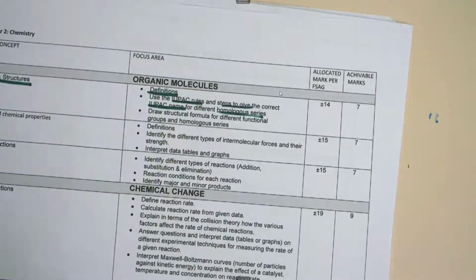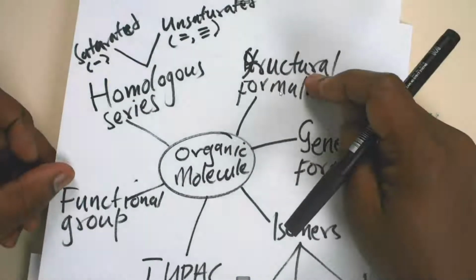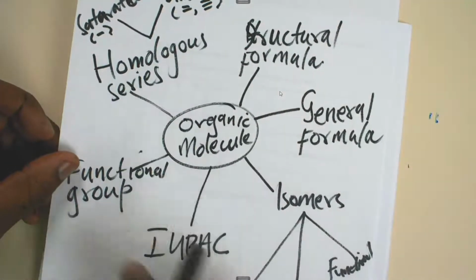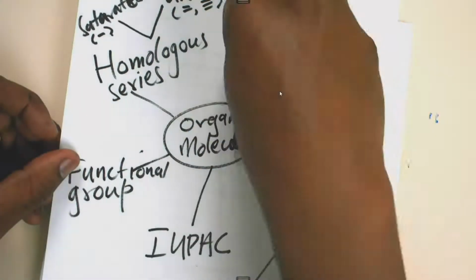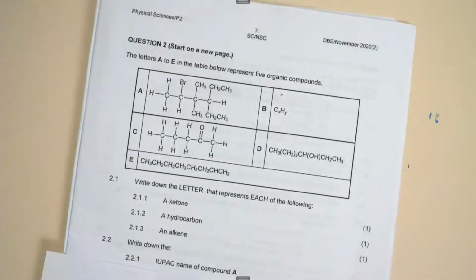So it's key for each and every one of us to be able to give the correct IUPAC name. And from the IUPAC name, you should be able to draw the correct structures. So it's interlinked between the two. If you are given the structure, expect the IUPAC name. If you are given the IUPAC name, expect to draw the structure and any other things that relate to that.